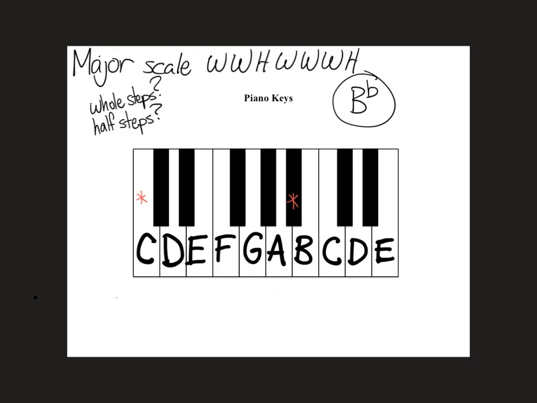And our second note is what, boys and girls? Well, that's right. The second note is a C. And once again, there is one note in between those two notes, the B natural. And that is a whole step from the first note to the second note of the B flat scale.